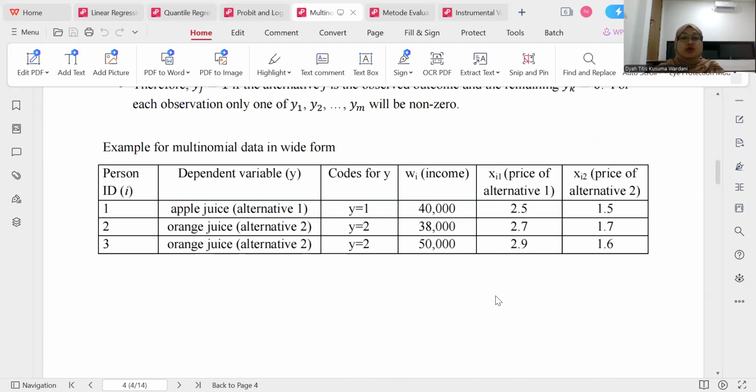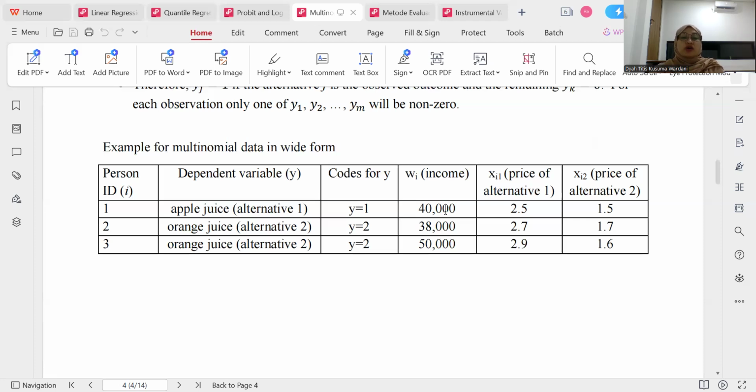For example, apple juice is alternative 1, and the code for y is y equal to 1. yi is income, xi1 is the price of alternative 1, and xi2 is the price of alternative 2. Here, apple juice is the dependent variable, alternative 1, y equal to 1, and the income is 40,000. x1, the price of alternative 1, is 2.5 dollars, for example, and xi2, the price of alternative 2, is 1.5 dollars.